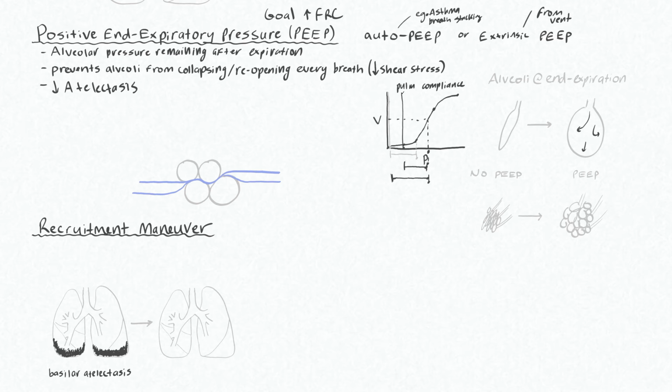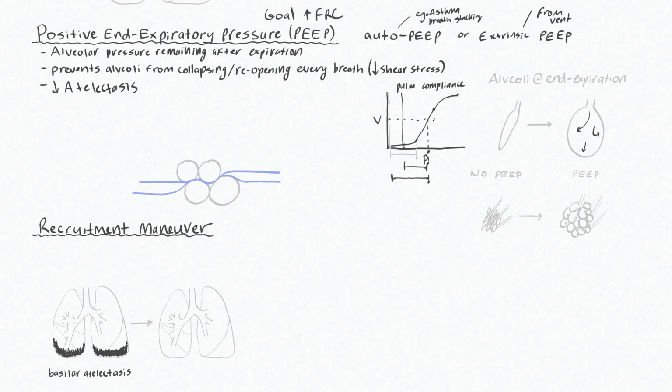So if we can avoid this part of collapsing and re-expanding the lungs with every breath, then we're going to do less damage to lungs with our ventilator. So we use the PEEP to hold us basically above this range here, and then we can use a lower driving pressure to achieve good lung expansion for breathing.